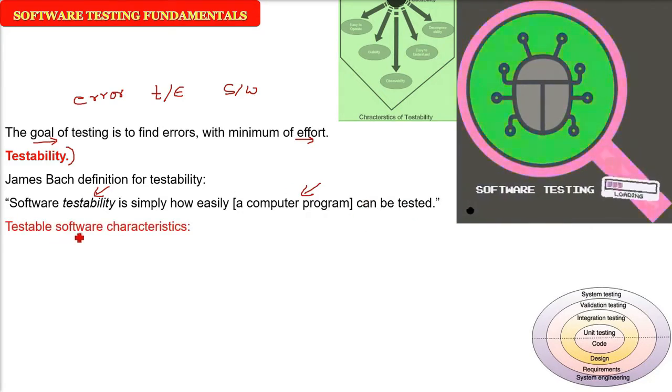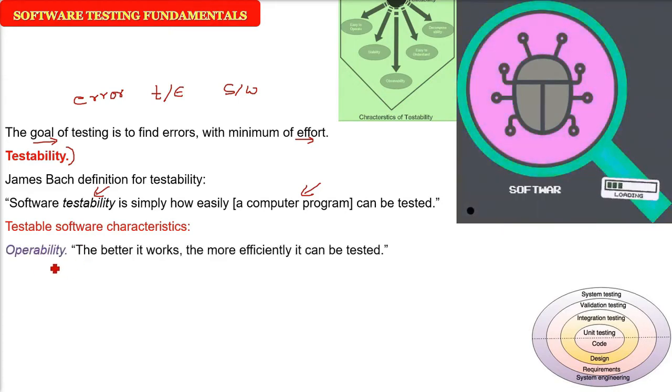So what are the different characteristics of a software when we say it is testable? All the software should have certain characteristics that will make the software or the system testable. The first thing is operability. Operability means the better the software is working, the more efficiently we can test it.